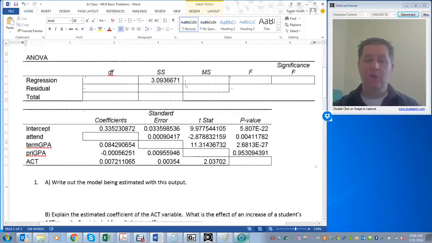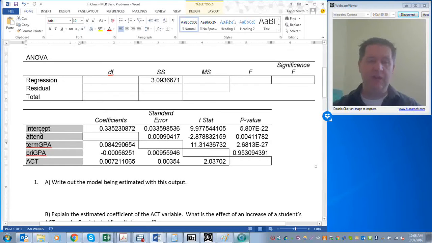And then the more accurate and easiest place to find it will be listed here right next to their coefficients. Now I will point out the intercept is not one of our independent variables. That's our beta 0, or in this case our B0. And these are our actual independent variables. We have 4 independent variables in this case, so K is equal to 4. So we can put here that our regression degrees of freedom is just 4.